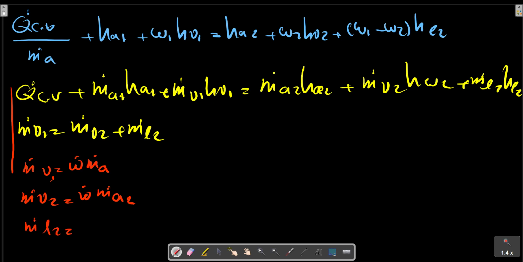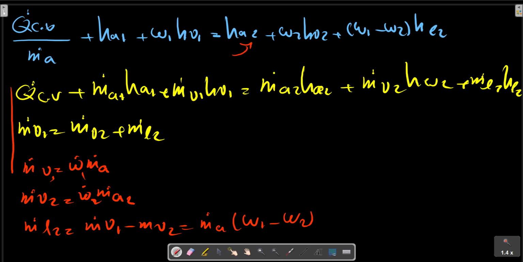So m dot L2 equals m dot V1 minus m dot V2, which is m dot A times omega 1 minus omega 2.